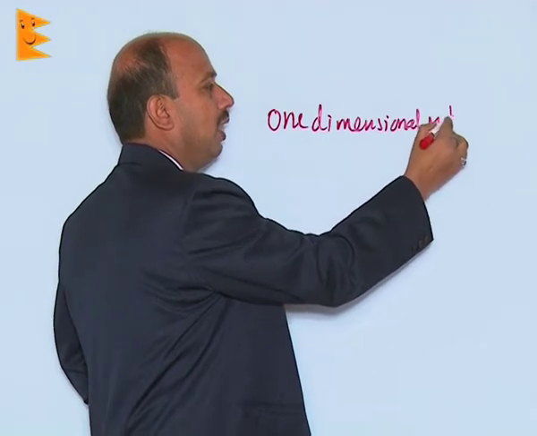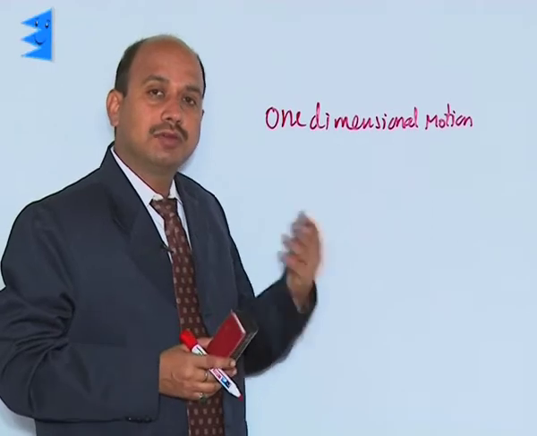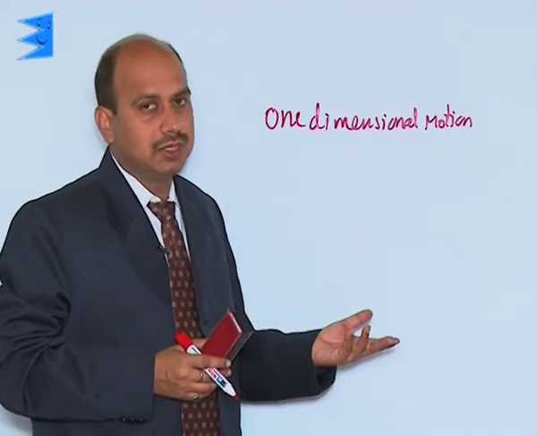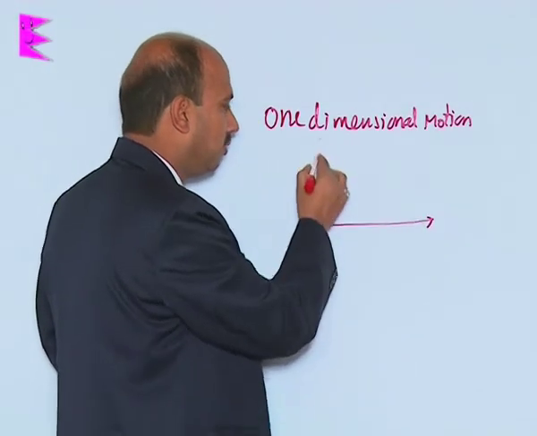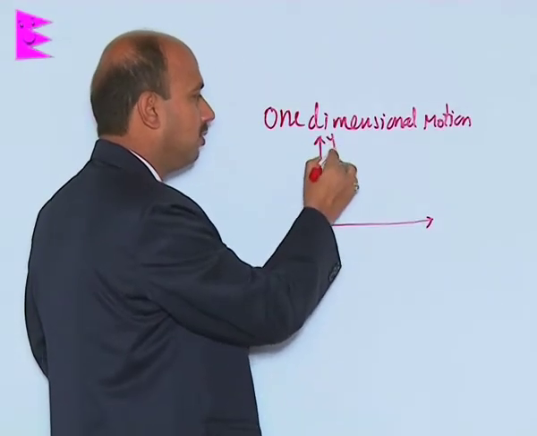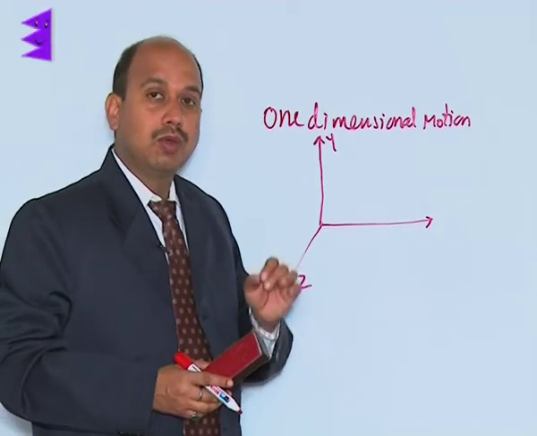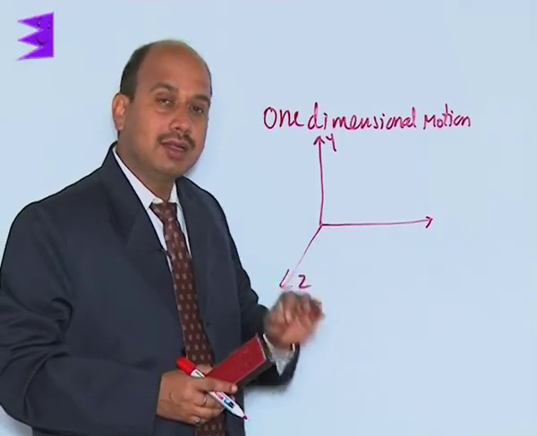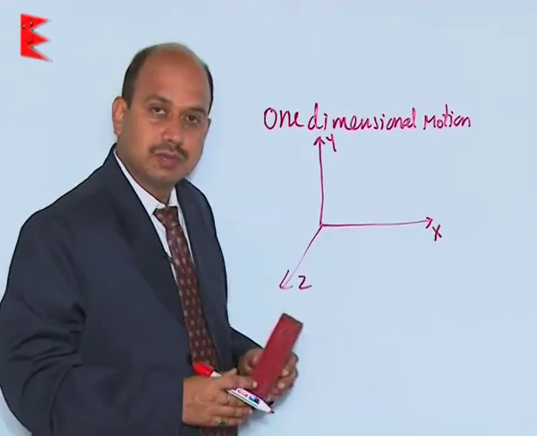See here, in one dimensional motion, only one coordinate of the frame of reference is changing. Suppose the body is moving either only along x axis or only along y axis or only along z axis. If the body is moving and only one coordinate is changing at a time, we call it a one dimensional motion, right.